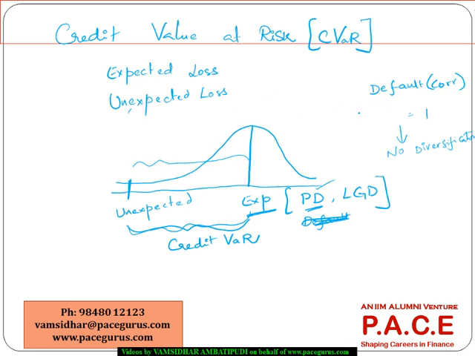But when I talk about default correlation less than 1, or going closer to 0, this can come down towards this side. So the same can come somewhere here, making the credit VAR a lesser number. Because when the default correlation is 0, they are behaving as if they are independent.